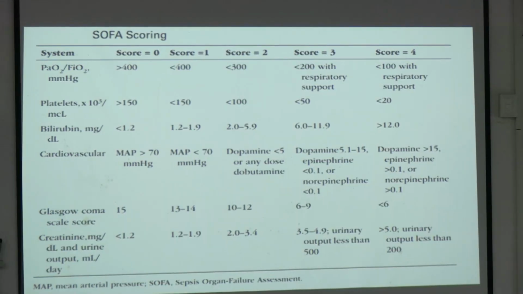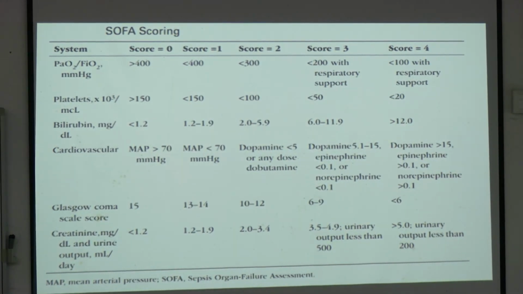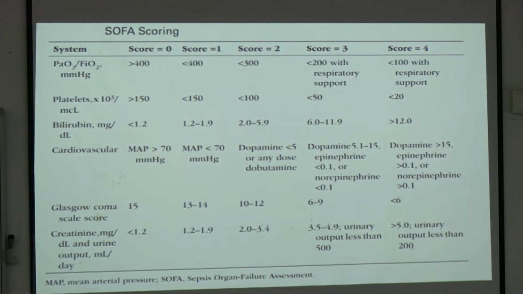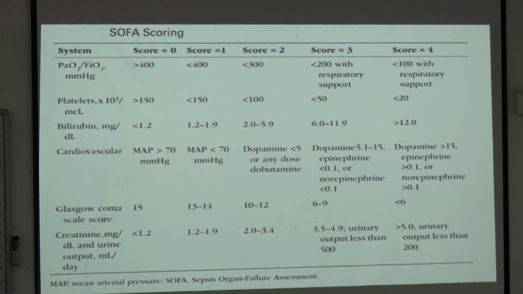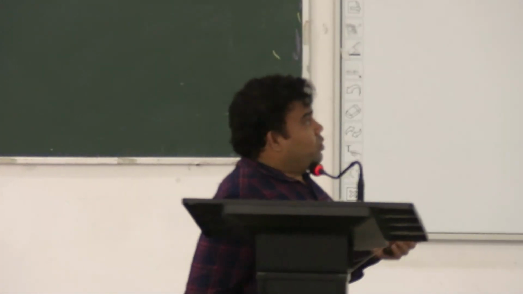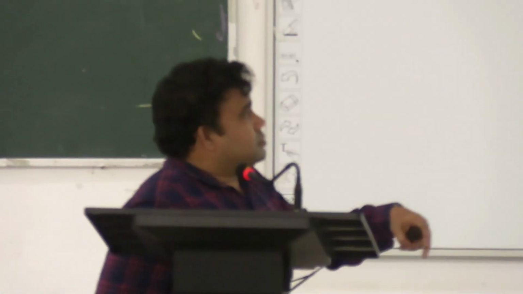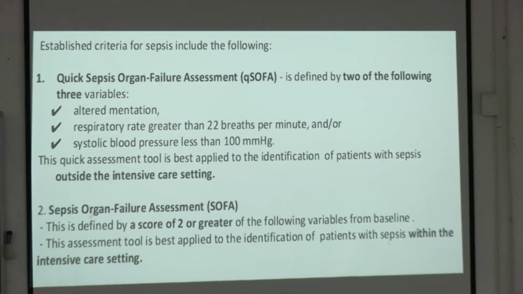These parameters can be easily detected in the intensive care setting. However, in non-intensive care settings, these parameters may not be assessed. For that, we have what is called the qSOFA score, or quick sequential organ failure assessment.